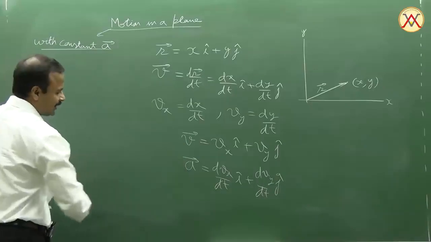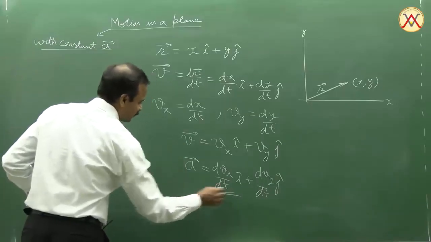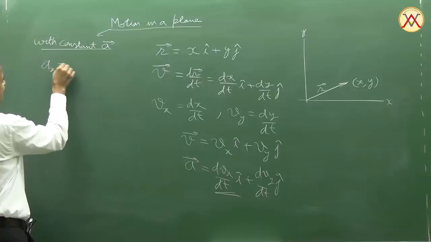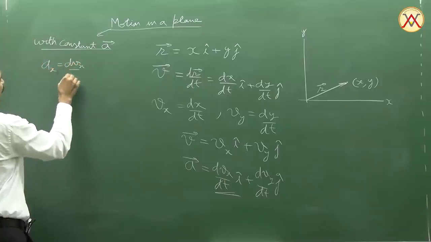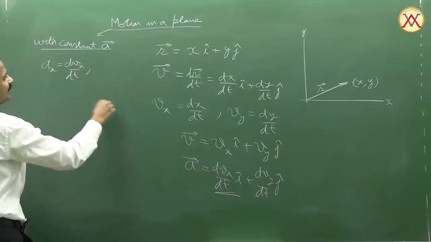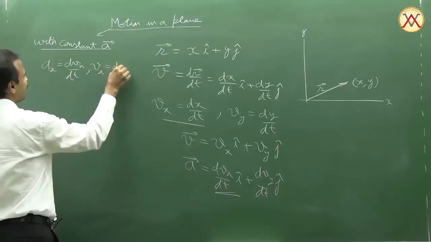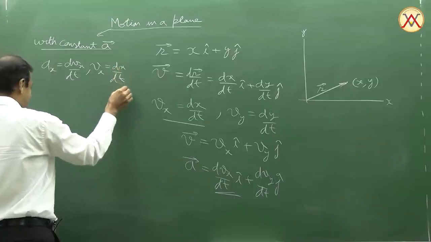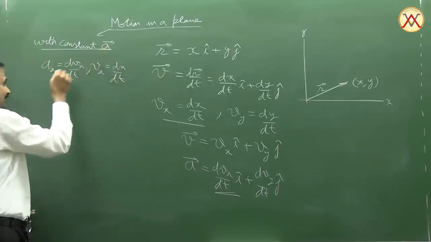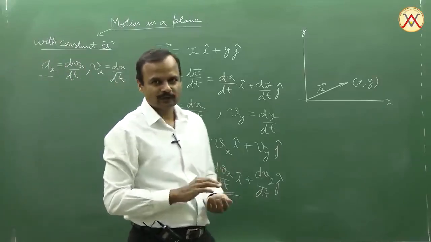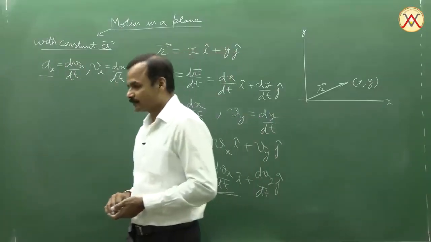If I write only in the x direction, this is the x component of acceleration, so I can write ax equal to dvx by dt, where vx is dx by dt. Now if the acceleration vector is constant, it means both x and y components of acceleration must be constant.